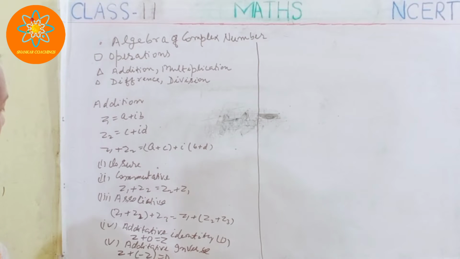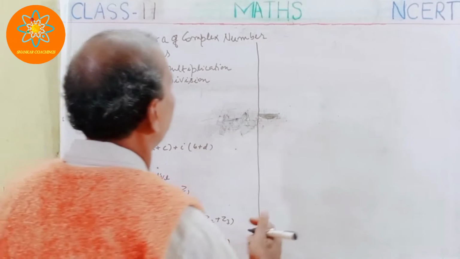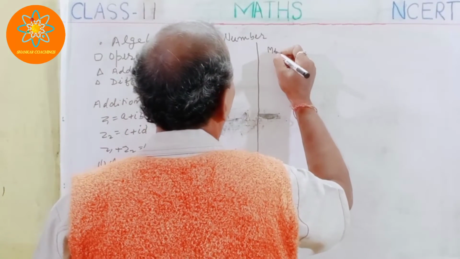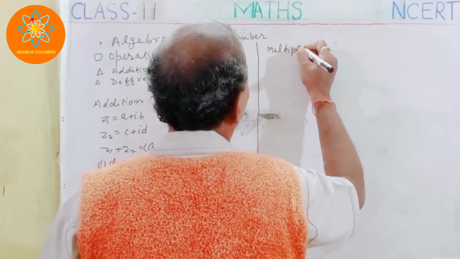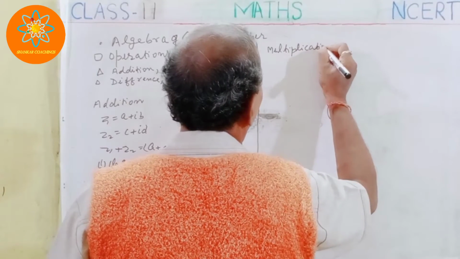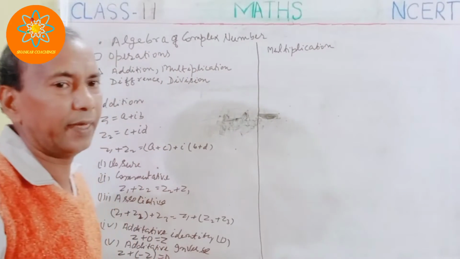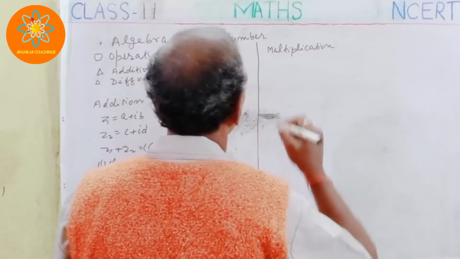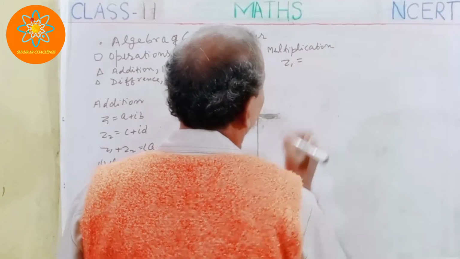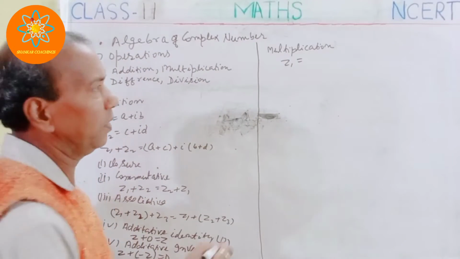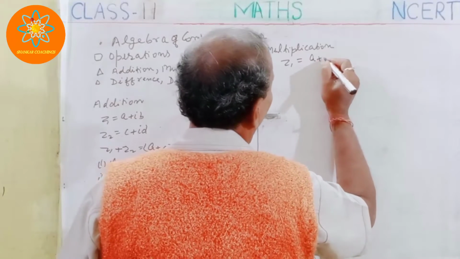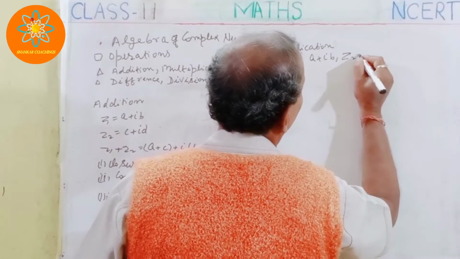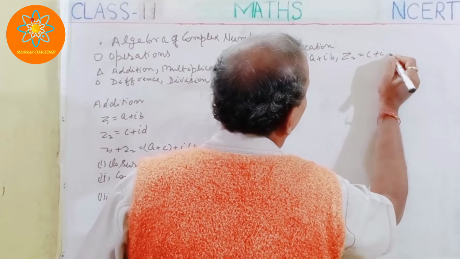In the case of multiplication, let's suppose I have two complex numbers, z1 equal to a plus iota b, and z2 equal to c plus iota d.